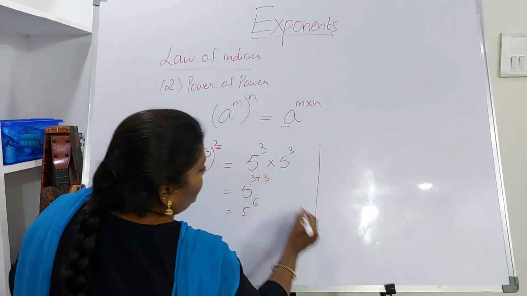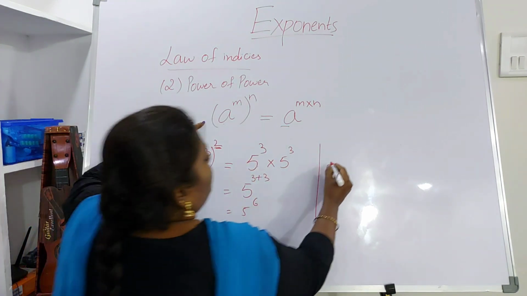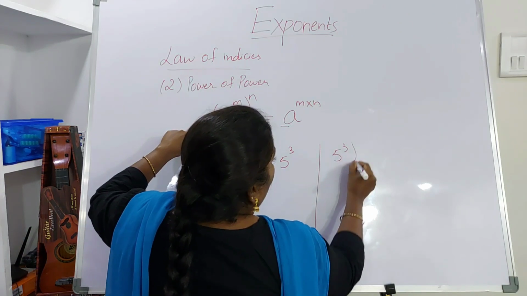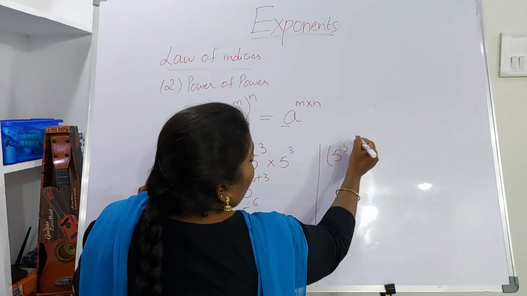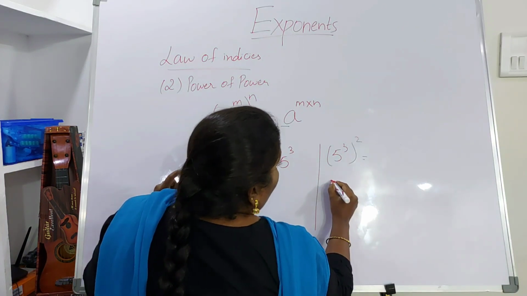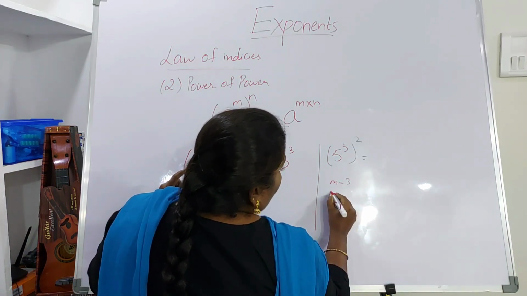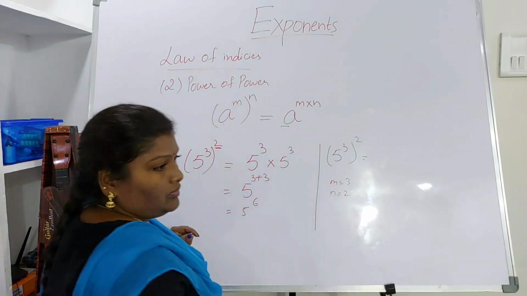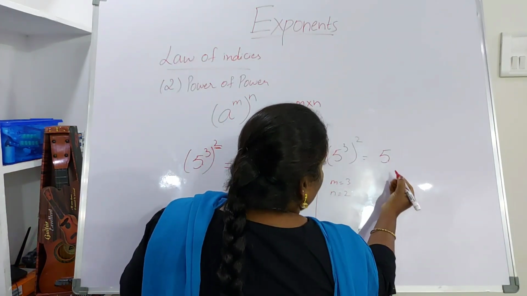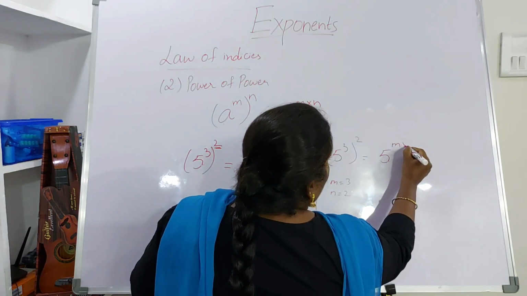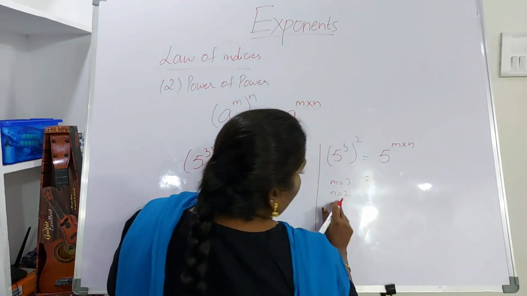Now what if I use the formula? It is 5 power 3 whole power 2. Now a power m whole power n, where m is equal to 3 and n is equal to 2. Now what you have to do is 5 to the power of m into n. What is m over here? 3.